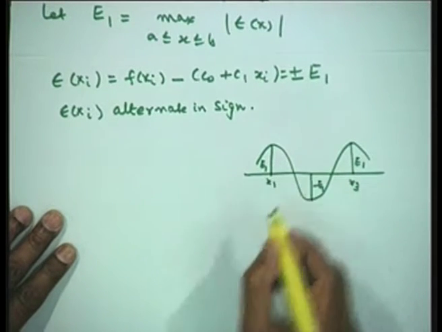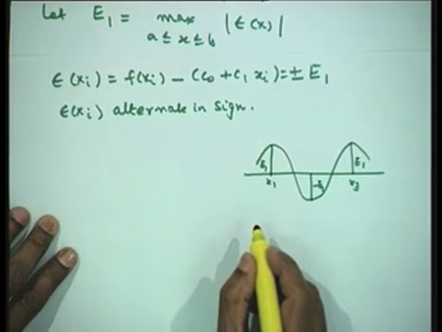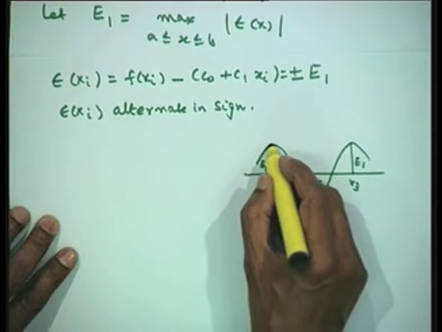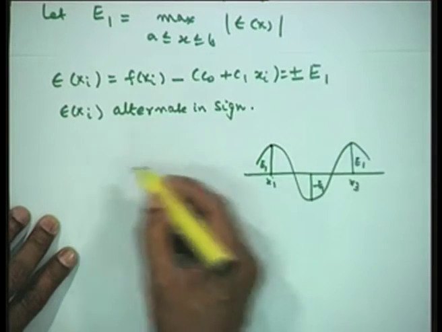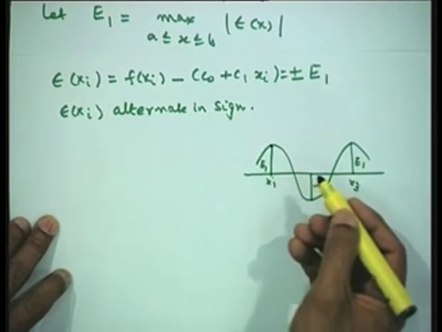Now, I have not yet numbered this, I will just number it. Now, since the error here of the graph is E 1, this is E 1, therefore, I can apply the Rolle's theorem immediately on the error function.